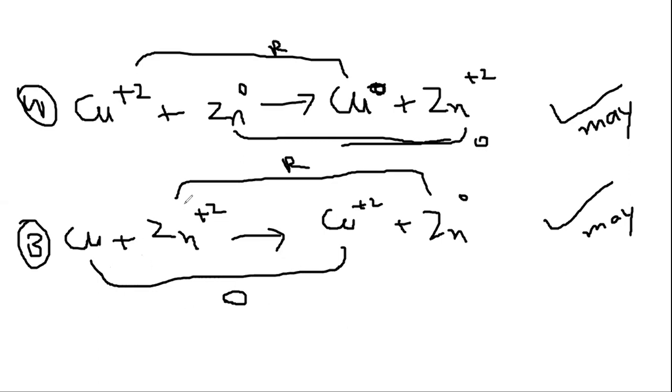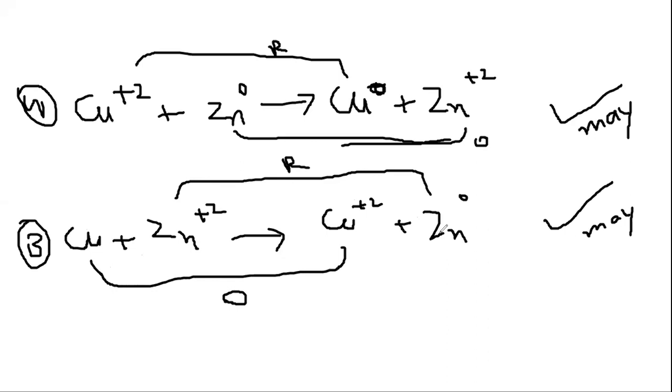That means in this case zinc plus 2 is reduced, and when the copper is oxidized to the copper plus 2, 2 electrons are released, which are taken up by the zinc to reduce to the zinc metal.